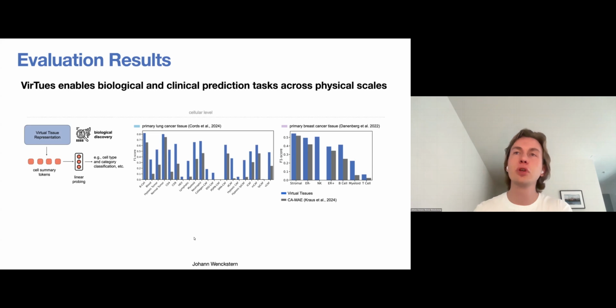And further, while we outperformed the baseline, we observed a general trend that the performance varies substantially between the different cell types. Here in the CORDS data set, we had a study which was focusing on cancer-associated fibroblasts.